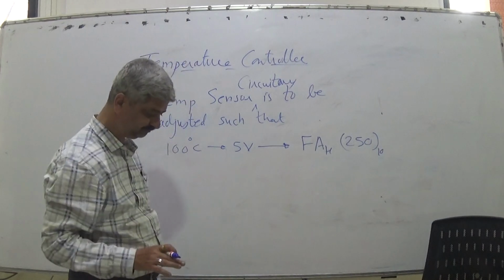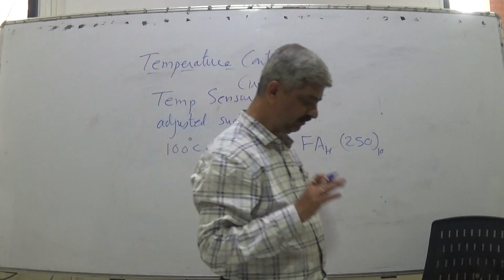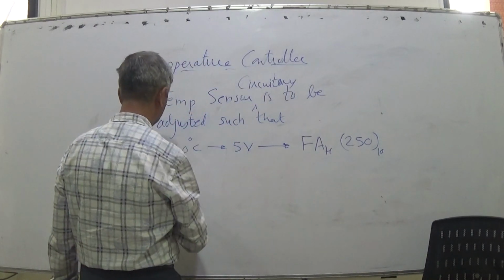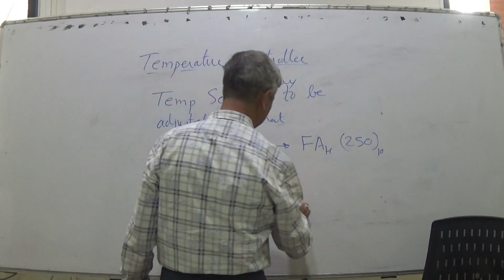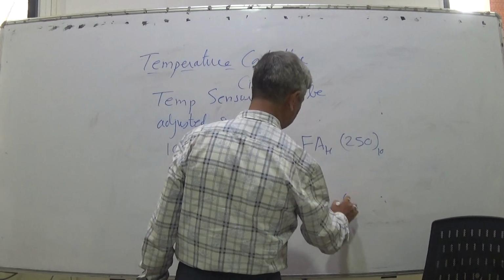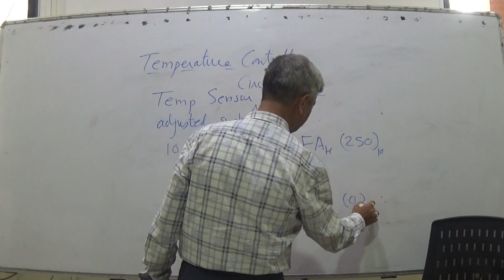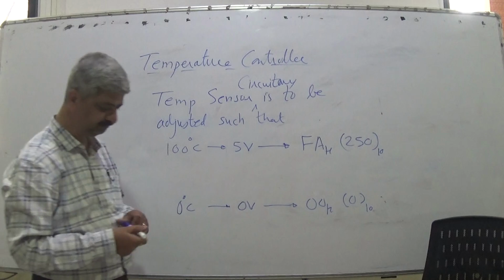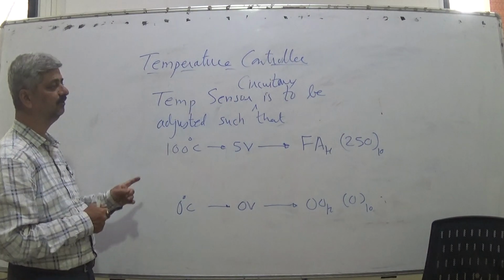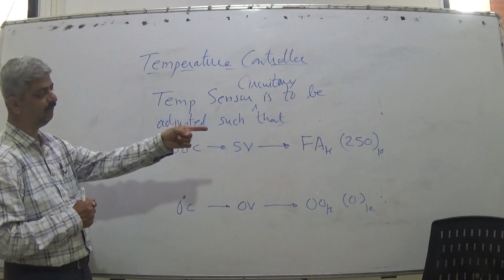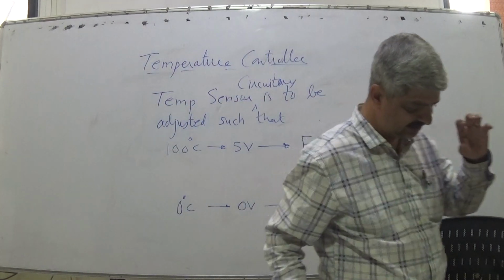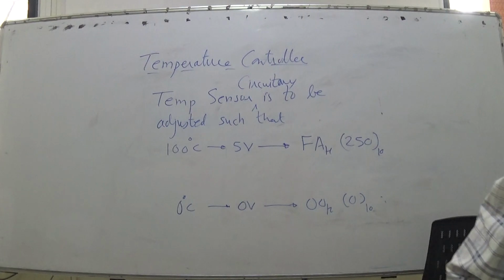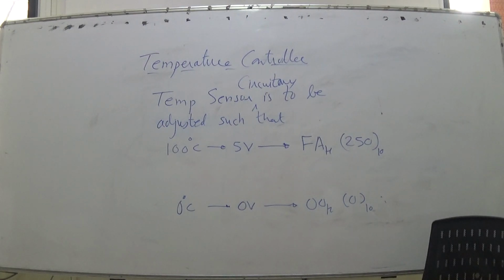And 0 maps to 0 obviously, since it's water, it will not be below 0. So 0 volts corresponds to 0 hex. Whatever value I get, the temperature sensor is put where the temperature is to be measured.